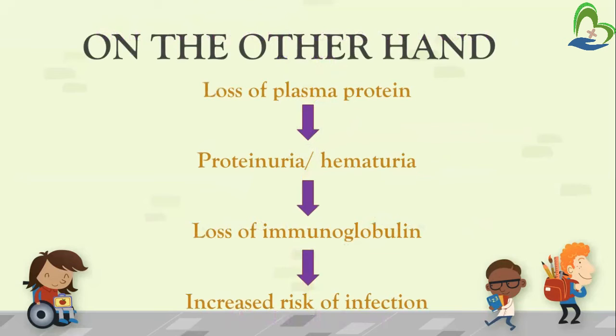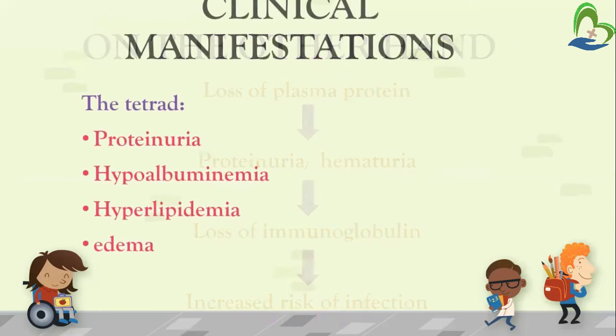On the other hand, loss of plasma protein, hematuria or proteinuria, and loss of immunoglobulin increase the risk of infection.